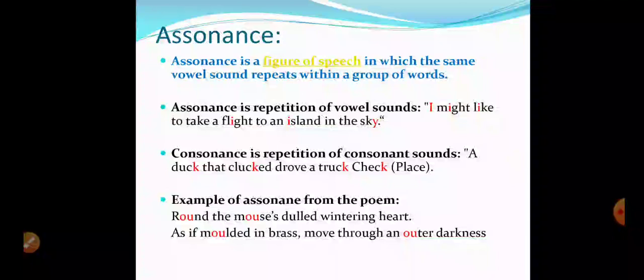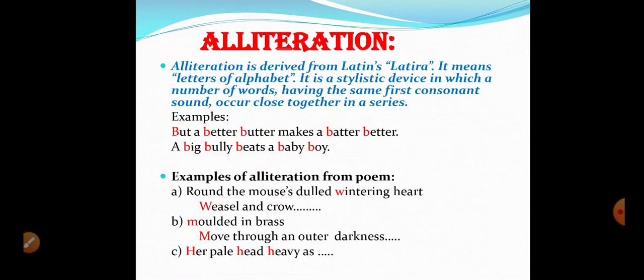Two examples of assonance in the poem where vowel sounds have been repeated in the lines in the stanza and they are closer together. Then we have another literary device, it's alliteration. What's this alliteration? Alliteration is derived from the Latin word litera. It means letters of the alphabet.